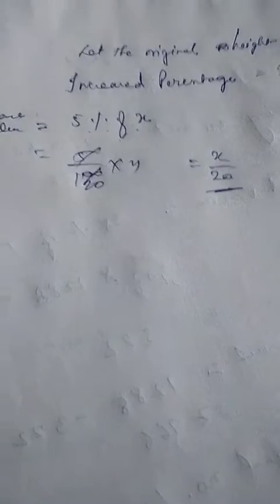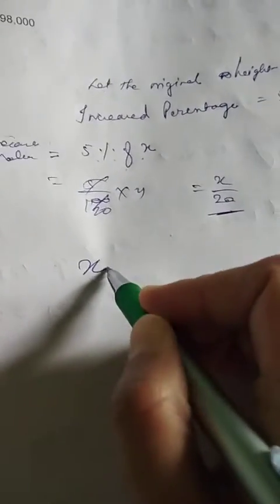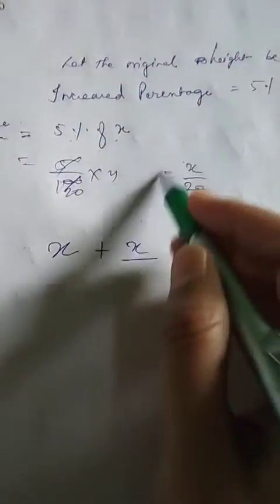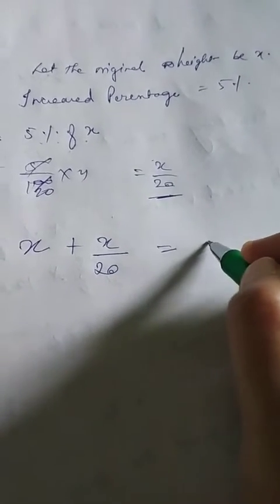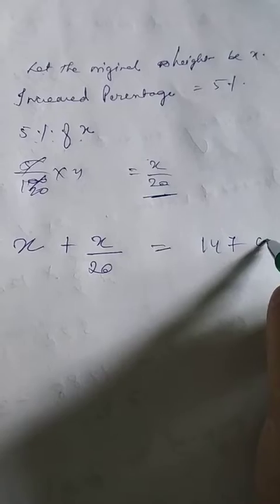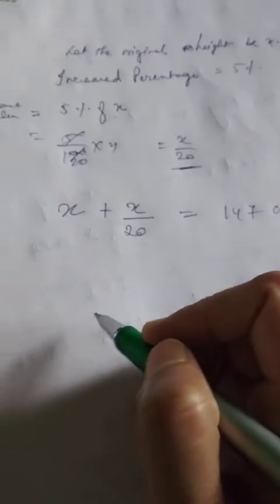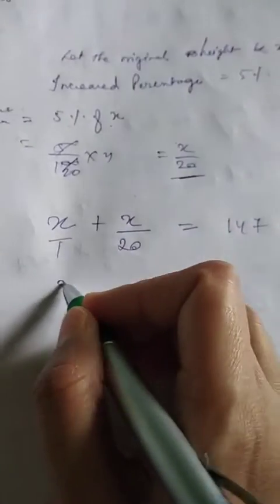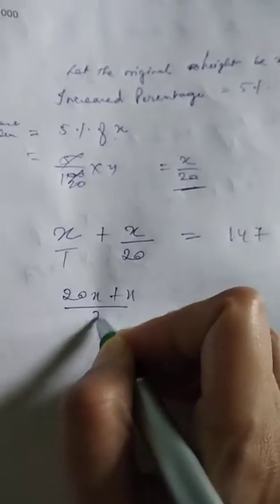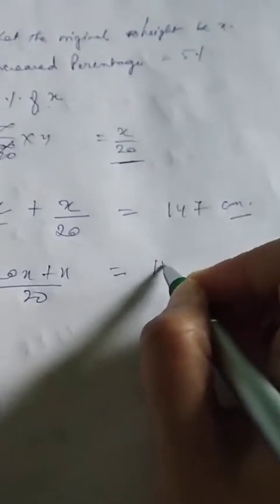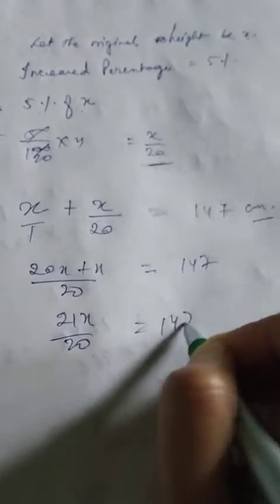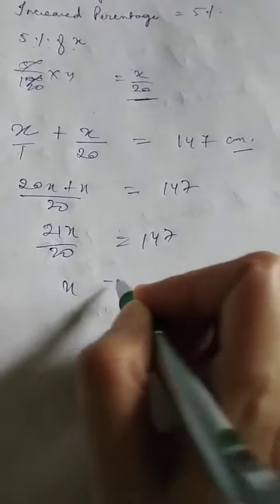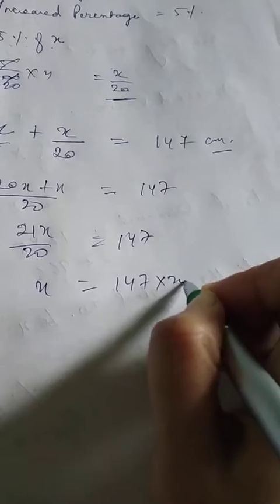Okay. So after the increase, the original was x. After increasing by x by 20 centimeters, the new height is 147 centimeters. So you have to find the original. So x plus x by 20, you will take the LCM, is 147. So 21x by 20 is equal to 147. So x is equal to what? 147 into 20 by 21.